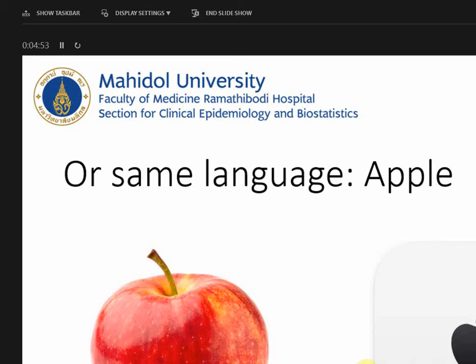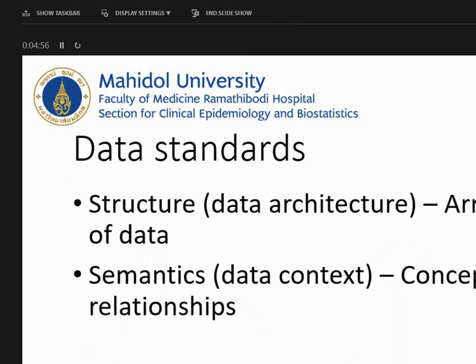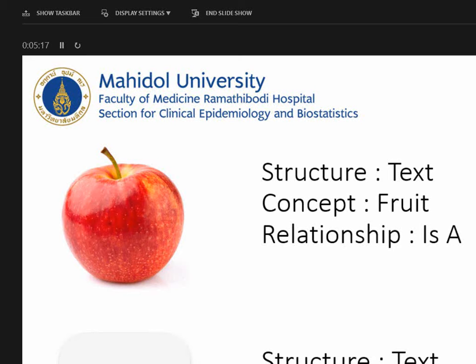We talked about apple. Normally we have two standard terms, but actually there are more than that. The first one is structure, the second one is semantic. For example, the apple structure is the text, and the Apple device here, the structure is also text.